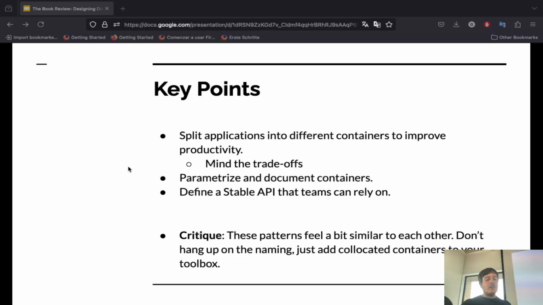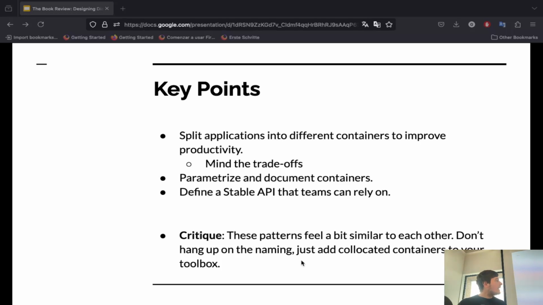Once we start rolling out these kinds of patterns, it's important to parameterize and document our containers or our images. This is important, and also defining a stable API, because the moment that we roll this out, this needs to be usable for people. And the only way to do it is by understanding what they are doing.